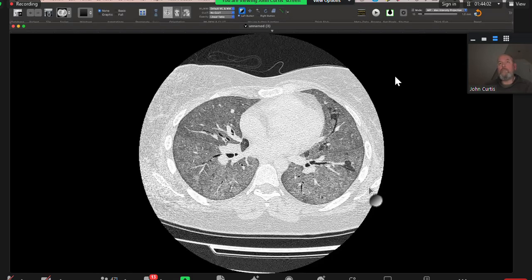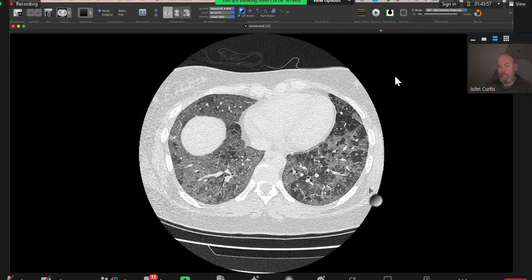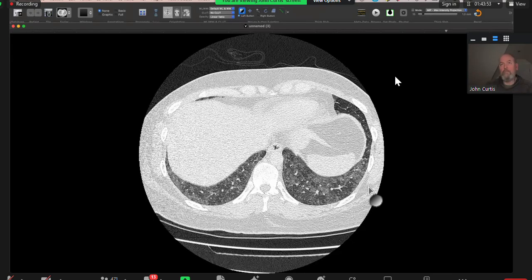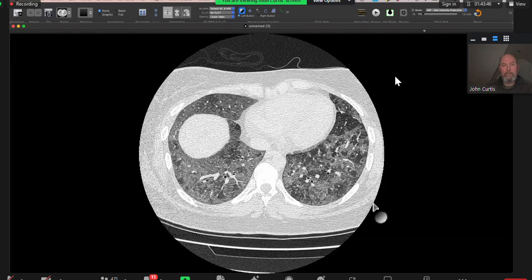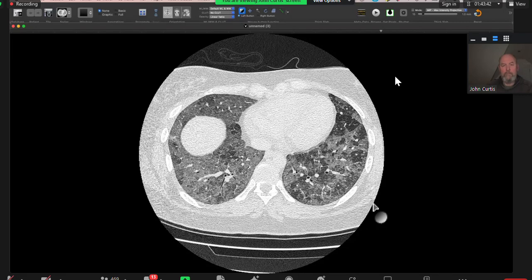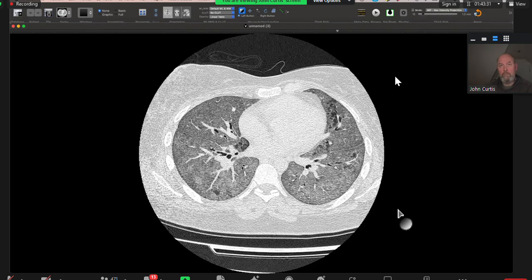So there's diffuse ground glass opacification of both lungs with relative sparing of the lung parenchyma, intervening sparing of the lung parenchyma. The vessels within the lucent areas of the lung appear to be normal in caliber, so it's most likely the ground glass haze which is abnormal in this case.